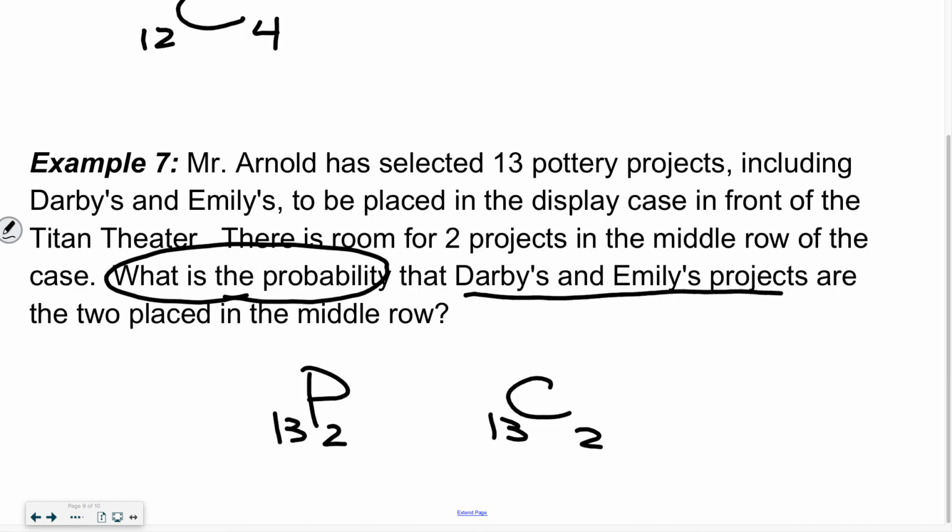The two in the middle. And so if you do that, then we're saying order doesn't matter. If order does matter, how many ways? 2. You could do Emily, Darby, or you could do Darby, Emily. Okay, but you should get the same answer.